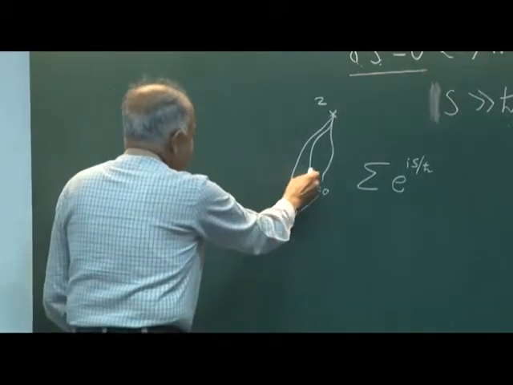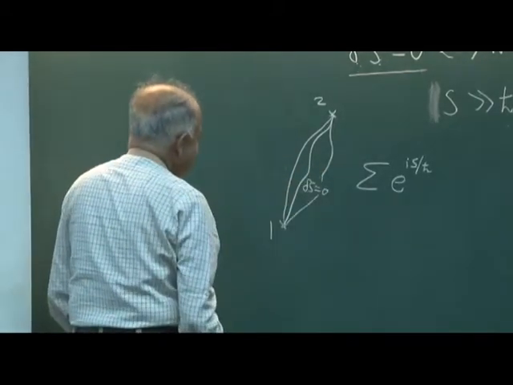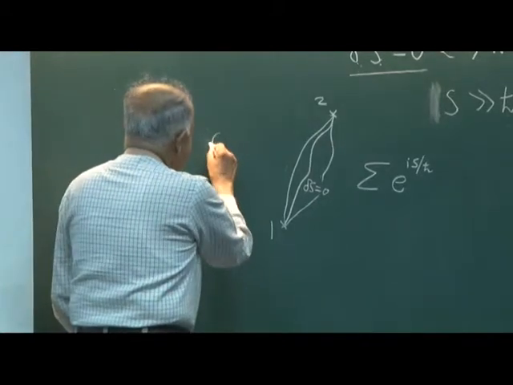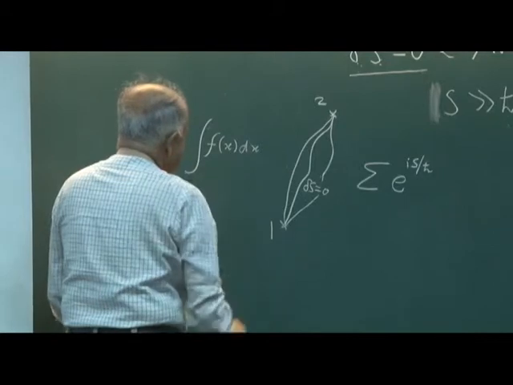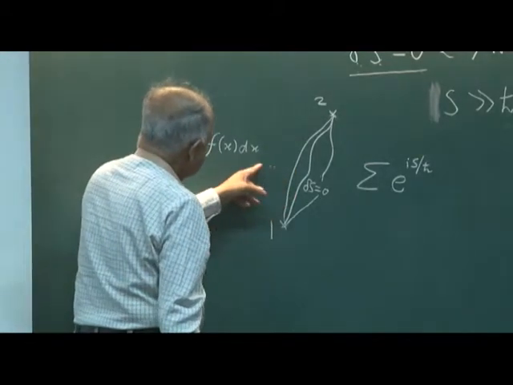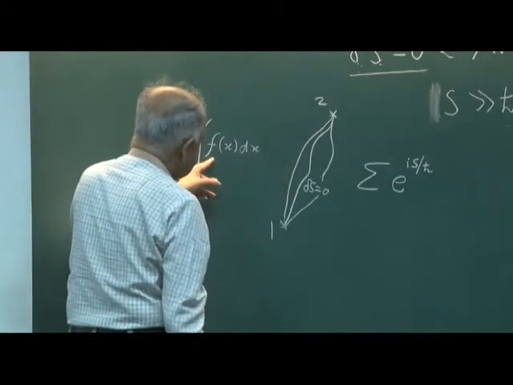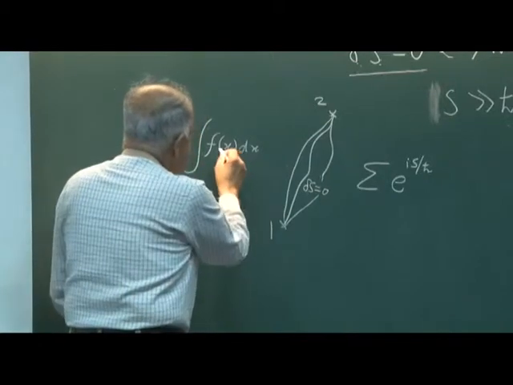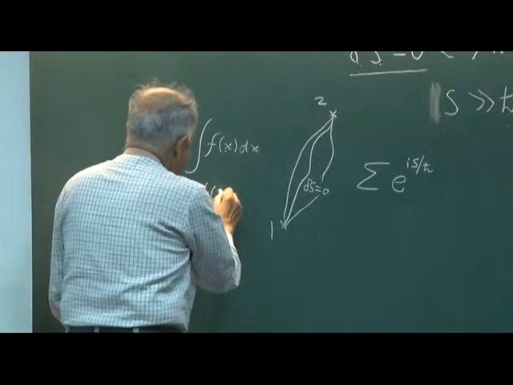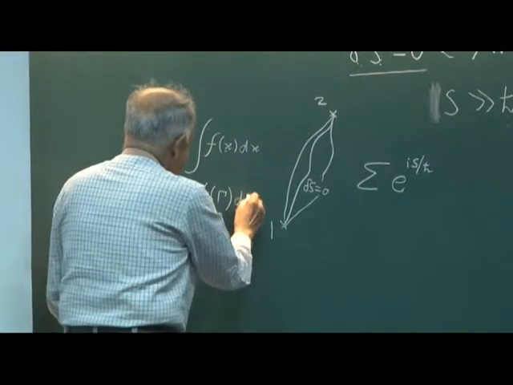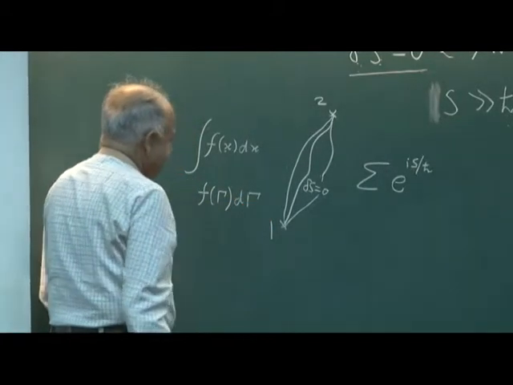So, just as you integrate a function f of x dx by saying that x goes from say 0 to 1, here, instead, you have f of gamma d gamma, where gamma is a path.